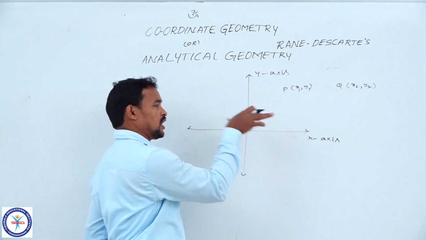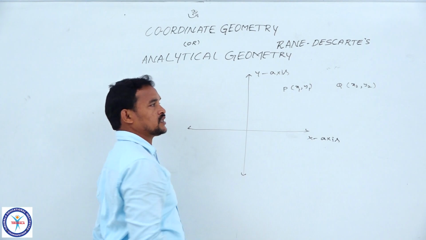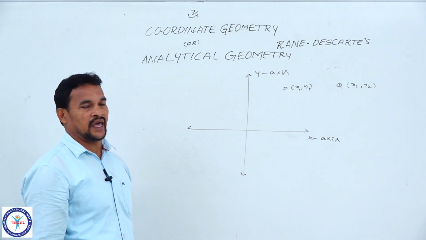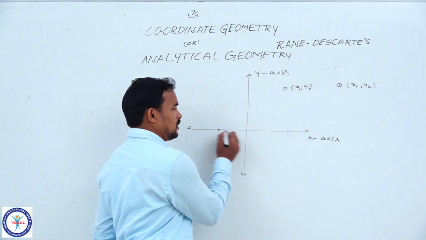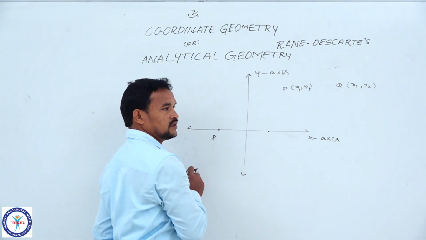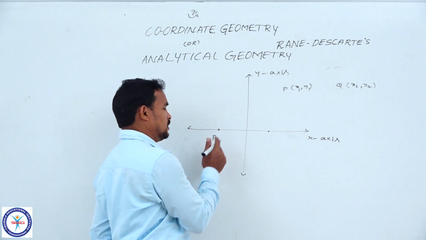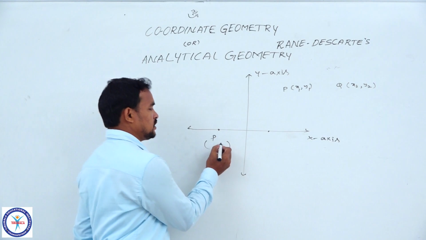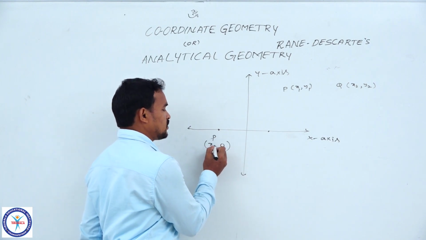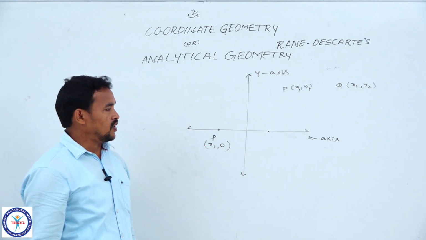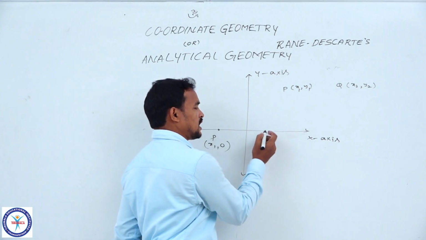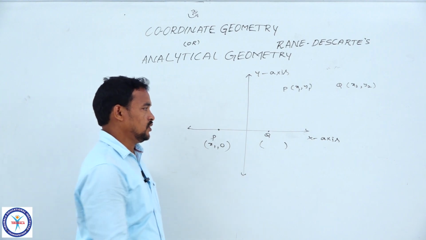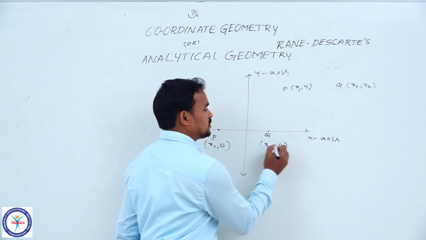Sometimes both lie on the x axis, or both lie on the y axis. If P and Q both lie on the x axis, we already learned that on the x axis, y value is always 0. Now it looks like x1 comma 0. One more point Q is also on the x axis, so y value is 0. So it looks like x2 comma 0.